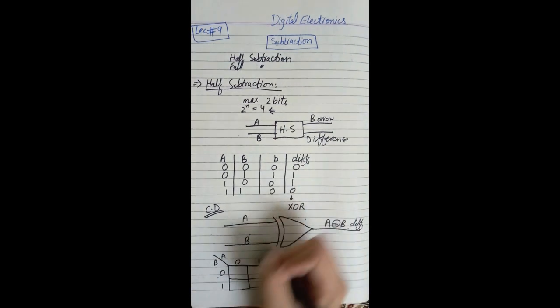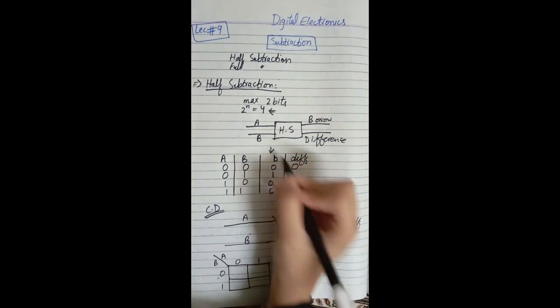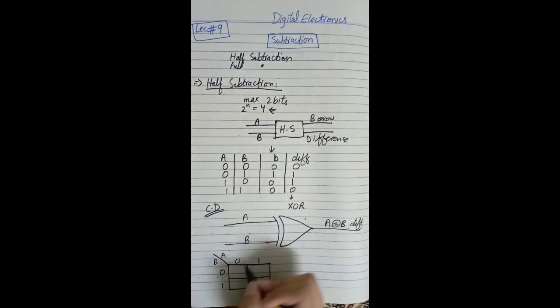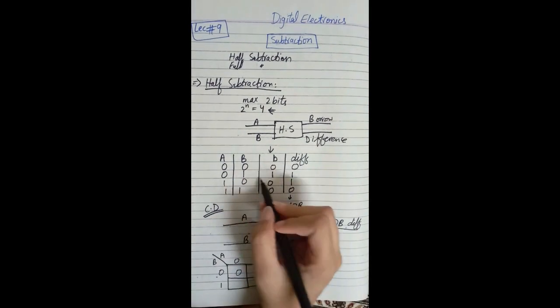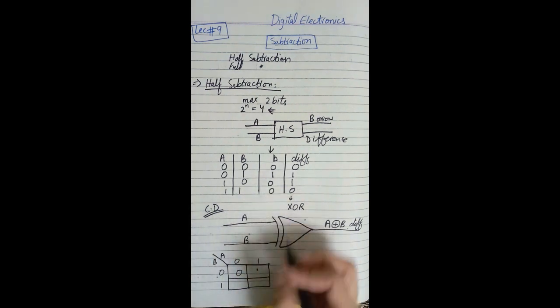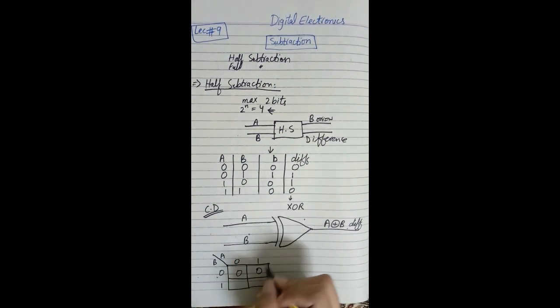So we will put the numbers in it according to the borrow column. On 0 0 we have 0. On 0 1 we have... when A is 1 and B is 0, it is 0.